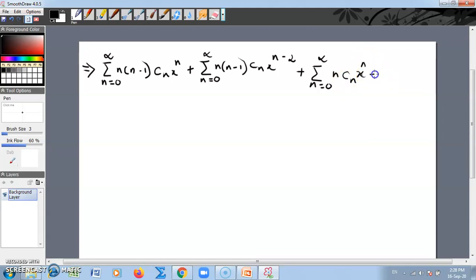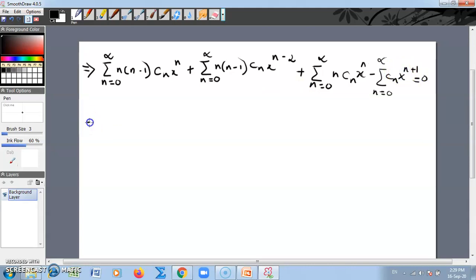And finally we have the summation n goes from 0 to infinity cn x to the power n plus 1 is equal to 0.